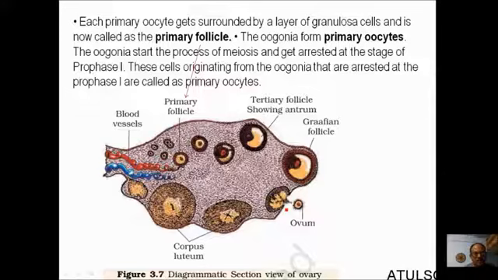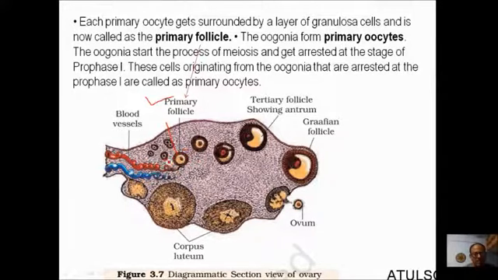Now the events are taking place in an ovary. So the ovary is involved completely in this formation of ovum. How are they involved? Each primary oocyte gets surrounded by a layer of granulosa cells, and this is now called a primary follicle.